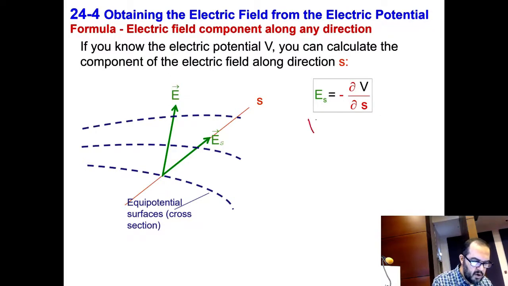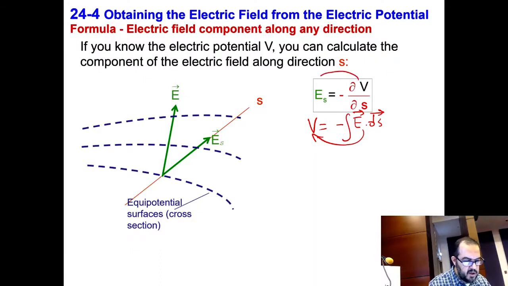Remember before we said V is minus the integral of E dotted with ds. So when we go from E to V, we do the integral, and when we go from V to E, we do the derivative. But we have to clarify this is along a direction S.